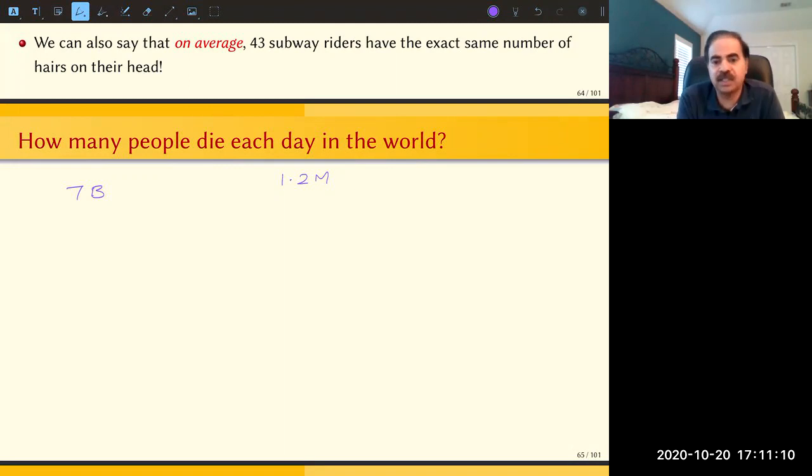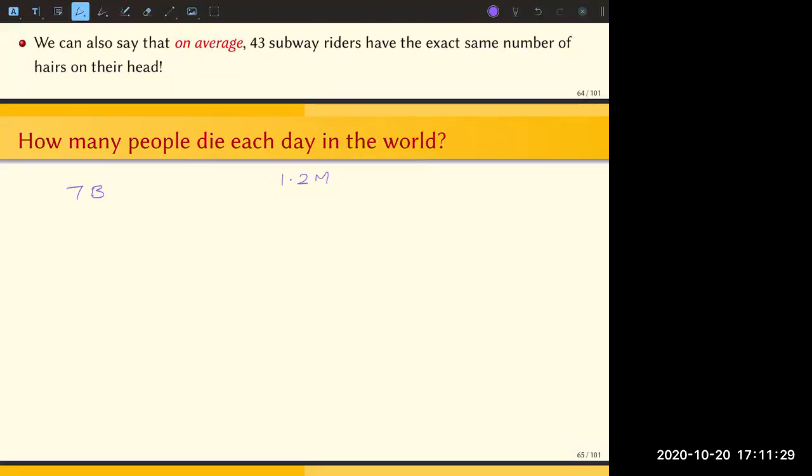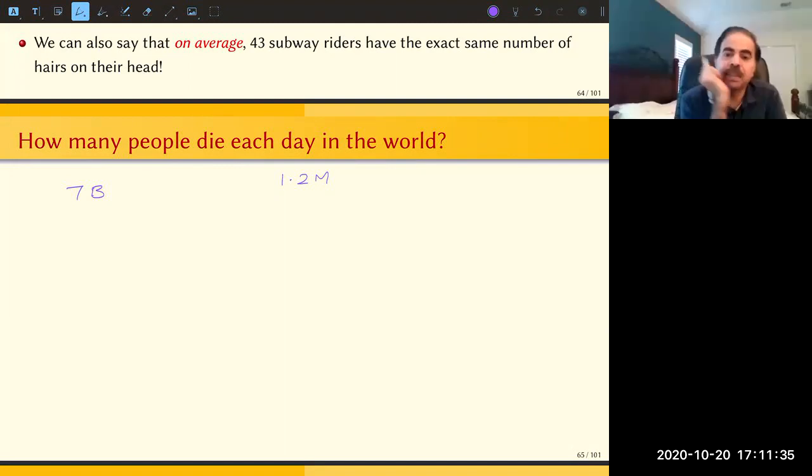So we know that the population is 7 billion, and obviously the higher the population, the more people die every day. So what other information could we need in order to make an estimate? Would you use the average lifetime of a person? And what would that be?